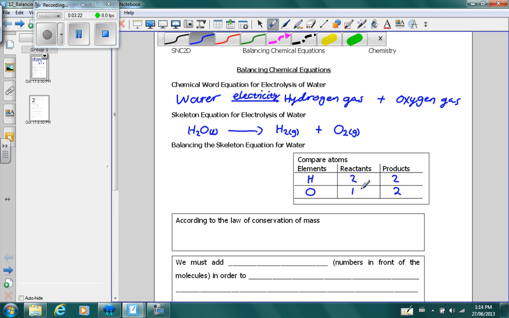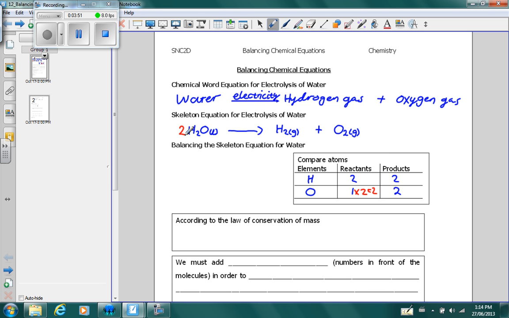So, to get the reactant oxygen atoms equal to the product oxygen atoms, I would just simply need to multiply by 2. So now I've got 2 oxygen atoms on the reactant side and 2 on the product side. So that 2 is going to be my coefficient that I place in front of my water molecule.